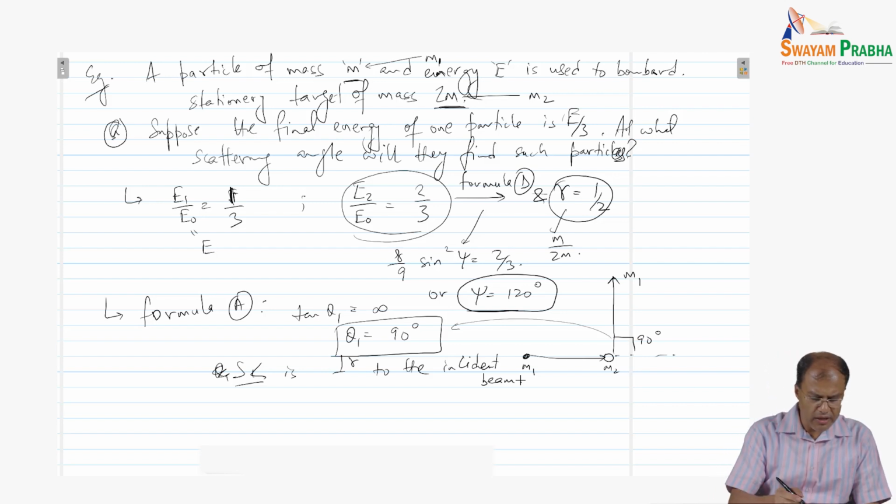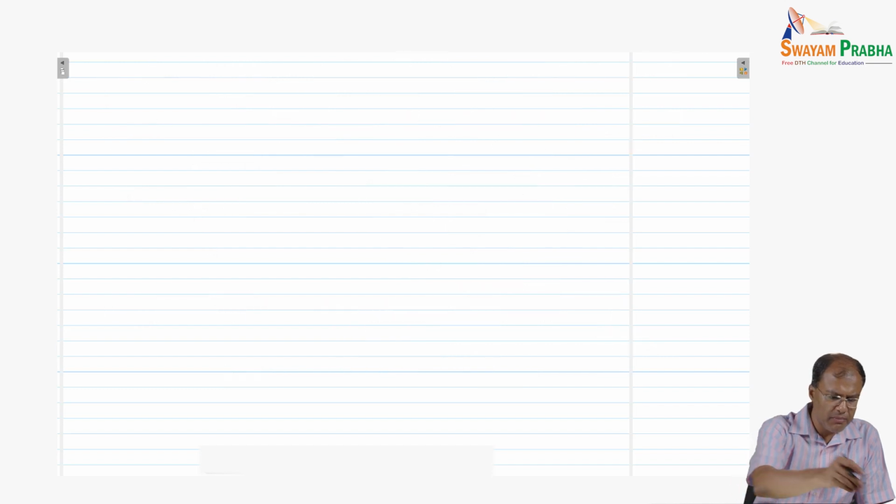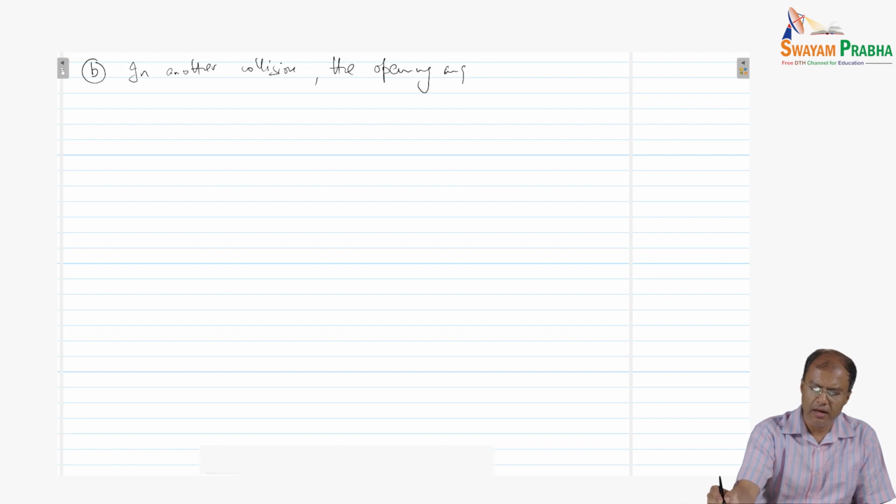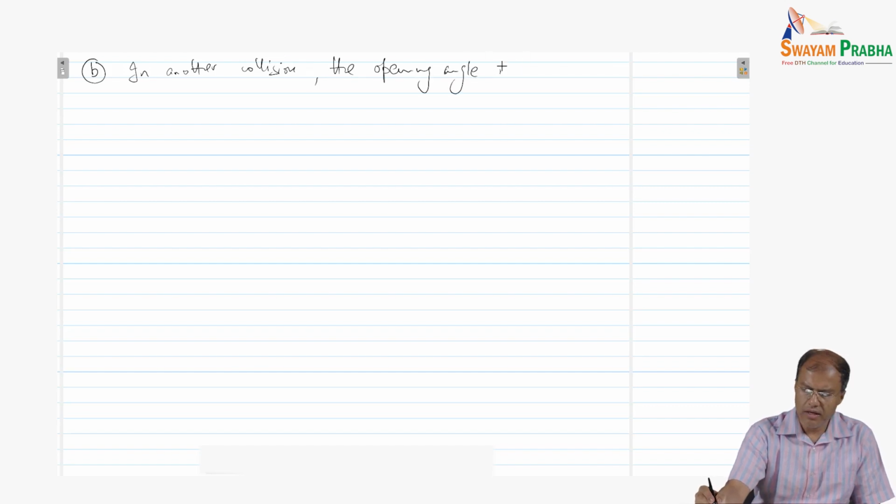Then let us quickly look at one more example before we recap. In the second example, we have another collision, where the opening angle is given to be 45 degrees.